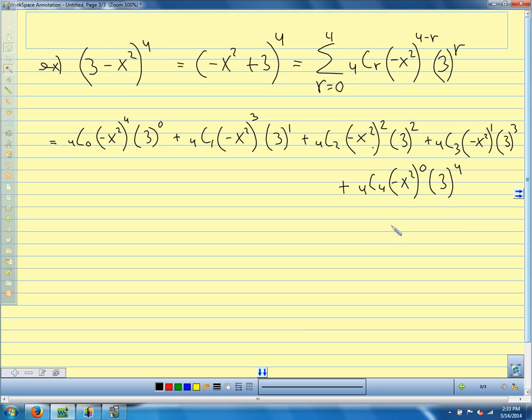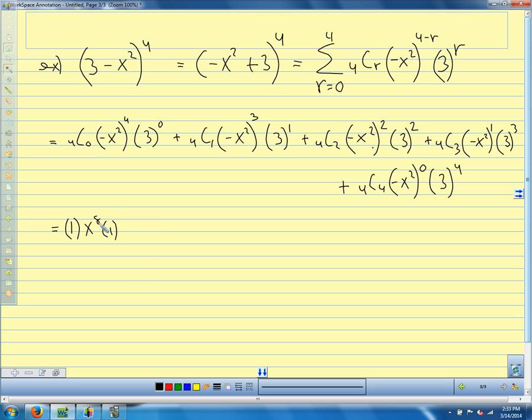And then I'm going to calculate all of these, multiply by the 3 to the 0, 3 to the 1, 3 squared, 3 to the 3rd, 3 to the 4th, and then simplify. I'm not going to go through each calculation, but 4 choose 0 turns out to be 1. So this is 1 times (minus x squared) to the 4th, which is x to the 8th times 1.